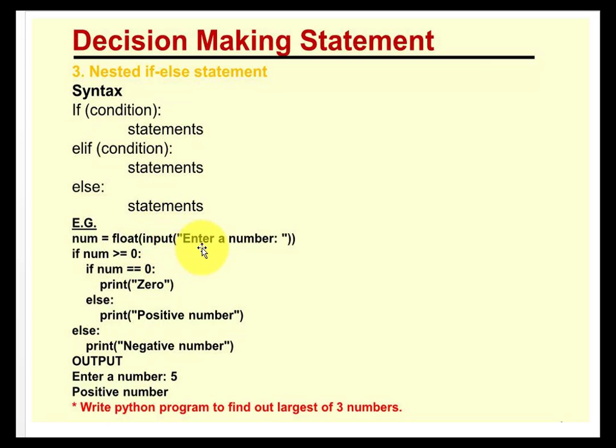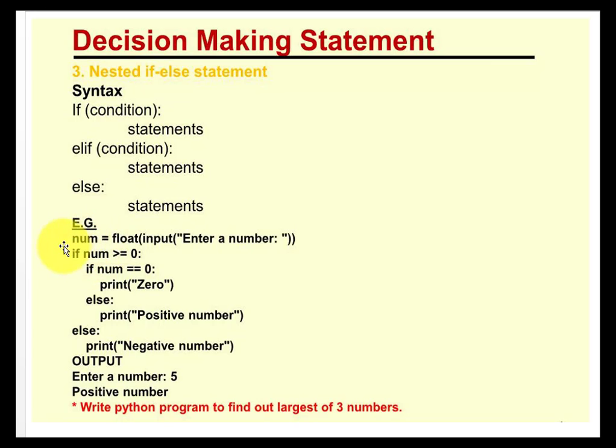Because I want to take input from the user, and the message the user will get is: enter a number. When the user sees this message, he or she will input something, and that number will be assigned to the num variable.